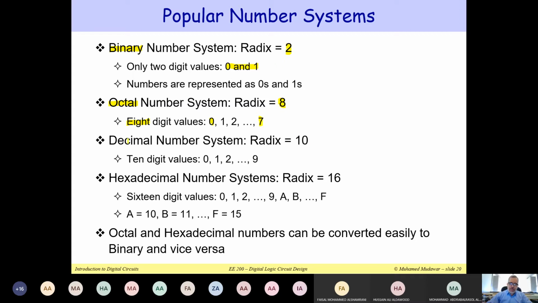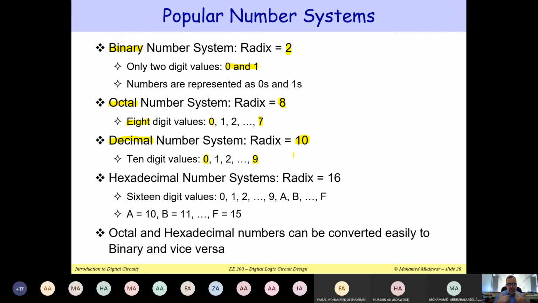In decimal, we say decimal, it means that the radix is 10. That's the meaning of decimal. And therefore, there are 10 digits from 0 to 9. This is the number system that we are used to. This is the natural number system that we have been taught since early childhood, since kindergarten.